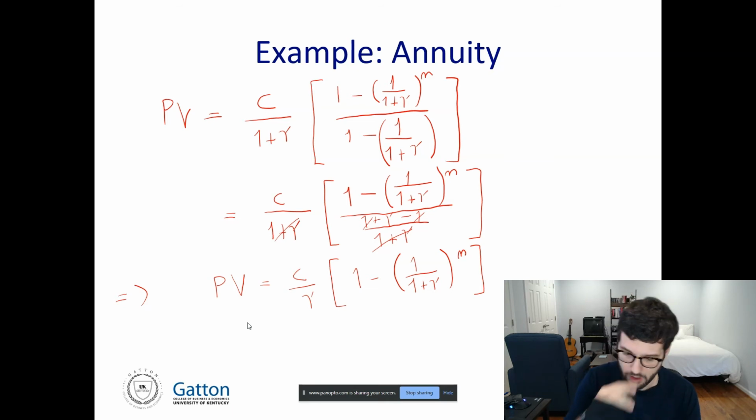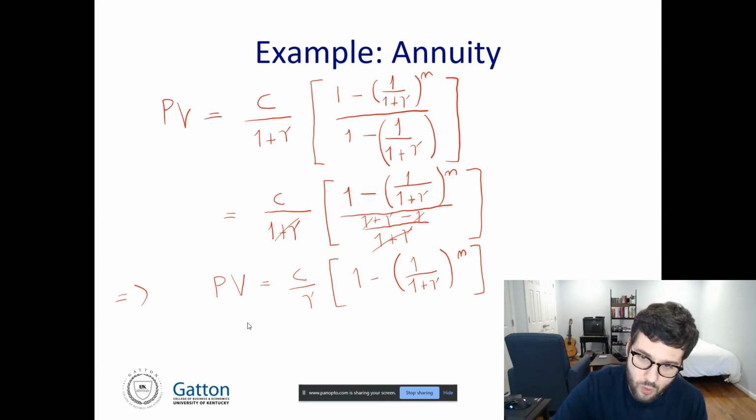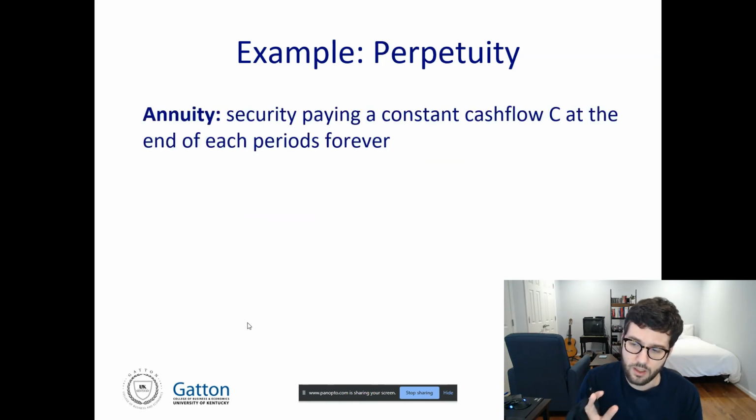Okay? And the natural calculation that we could do right now is the calculation of the present value of what we call a perpetuity. So the perpetuity is very similar to the annuity, but instead of paying a constant cash flow for n periods, the perpetuity is going to pay the constant cash flow C forever. Okay. Now, how can we calculate this present value?